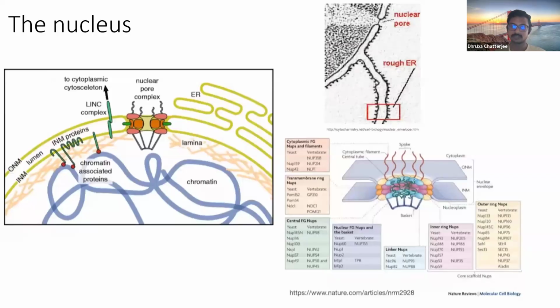So these inner nuclear membrane proteins play an important role in interacting with chromatin associated proteins and thereby anchoring the heterochromatin regions to the inner nuclear membrane, and therefore in the differential distribution of different chromatin regions depending on the level of expression within the nucleus.